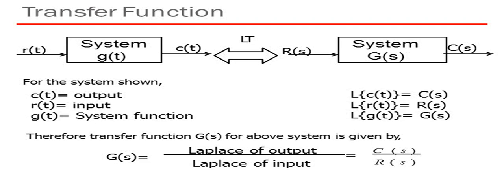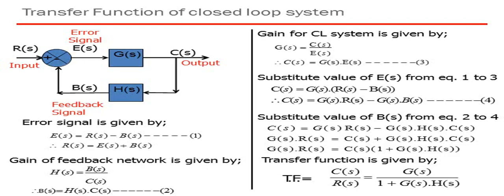Then the Laplace transform of r of t is represented as r of s. Note again, here r is capital. The Laplace transform of c of t is c of s. C is capital. So the transfer function is given by the equation g of s is equal to Laplace transform of output, that is c of s, divided by Laplace transform of input, that is r of s.